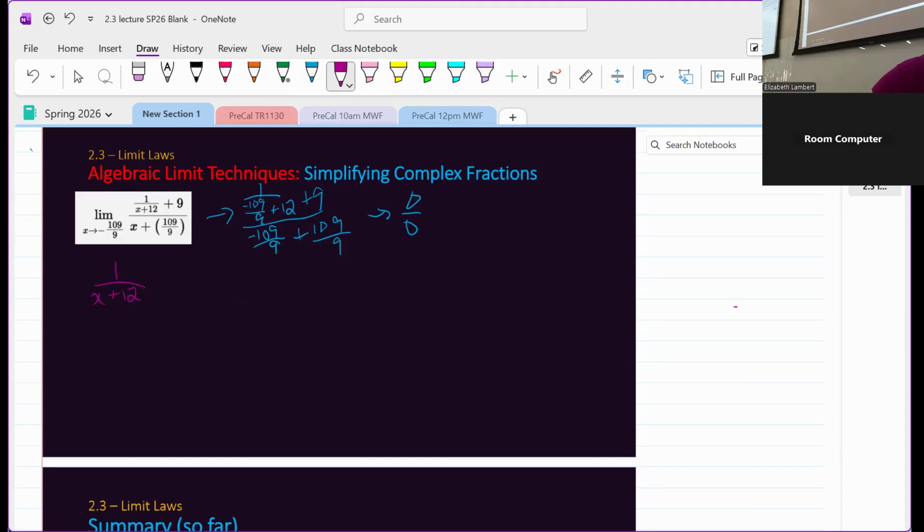So little 1 over x plus 12. And then little over 9. So I want to multiply the top and the bottom by the 9, but I also want to multiply by the x plus 12.